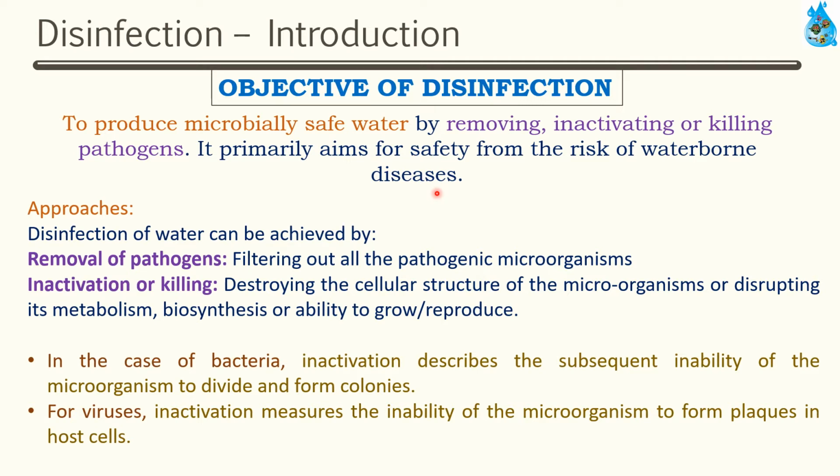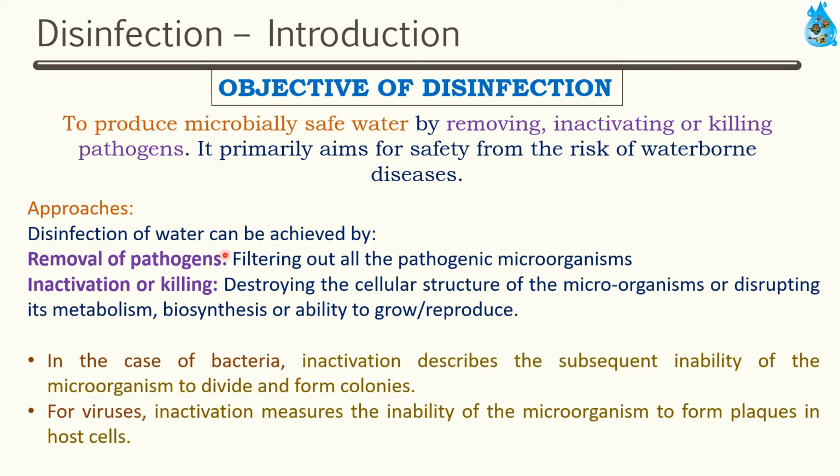These waterborne diseases are nothing but those diseases caused due to the impurities in water. There are different approaches. Disinfection of water can be achieved by removal of pathogens by simply filtering. We also always observe our government campaigns like Pani Gala, Naru Tala. So filtration is one of the pathogen removal approaches. Then inactivation or killing.